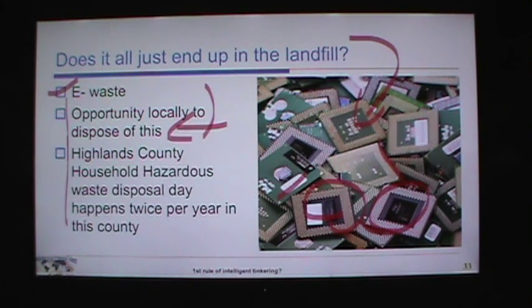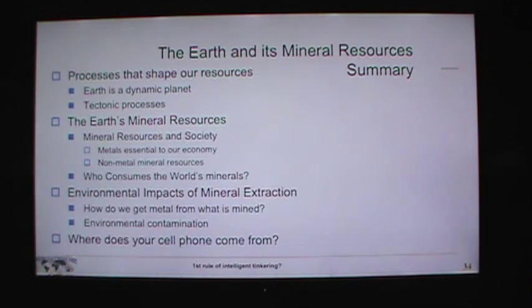We have a household hazardous waste disposal day, and residents are encouraged, rather than throwing something by the side of the road or dropping it in the garbage can, because that doesn't get sorted out, to actually recycle it and have this material removed and reused, because it's probably cheaper to get it out of these recycled circuit boards than it is to go back and dig it out of the ground.